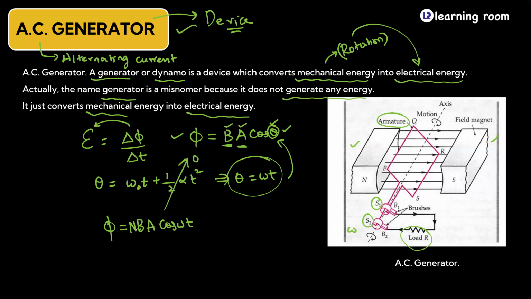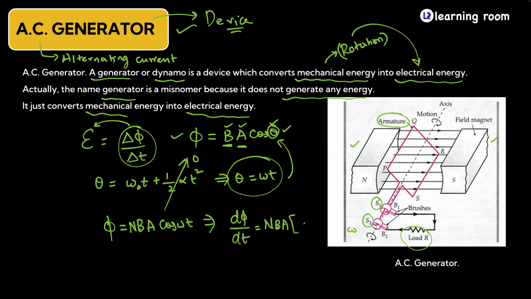Right? Now, all that I'm going to do is, instead of delta phi by delta t, which is average value, I will differentiate it. Because the flux in this case is a perfect function of time. So when I differentiate it, I find d phi by dt, then I'm going to get NBA into the derivative of cos omega t.